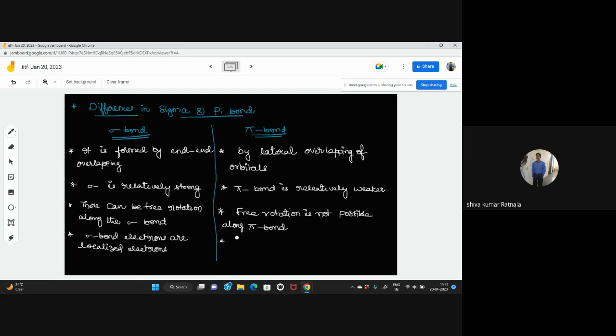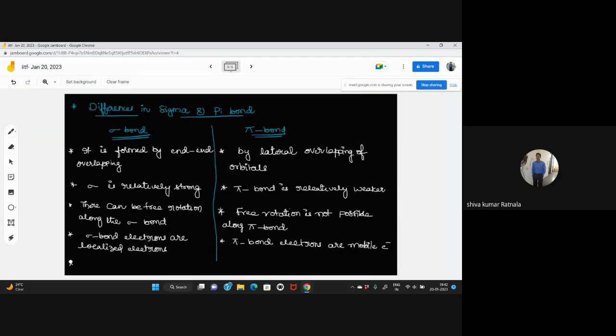It will not change from one place to another place. Whereas pi bond electrons are mobile electrons. Mobile means it will move from one place to another place.